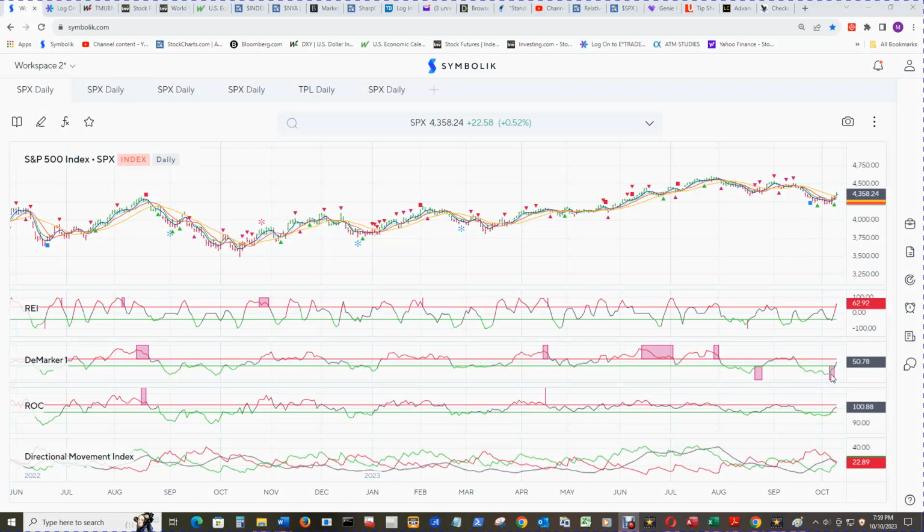And the DM1 buy signal was given, so it came out of this oversold region, crossed above its oversold line at 40. REI is already above positive 40 overbought. Rock is doing nicely above its oversold, and the DMI plus is more than the minus. So that's another plus there. So this is looking really good.